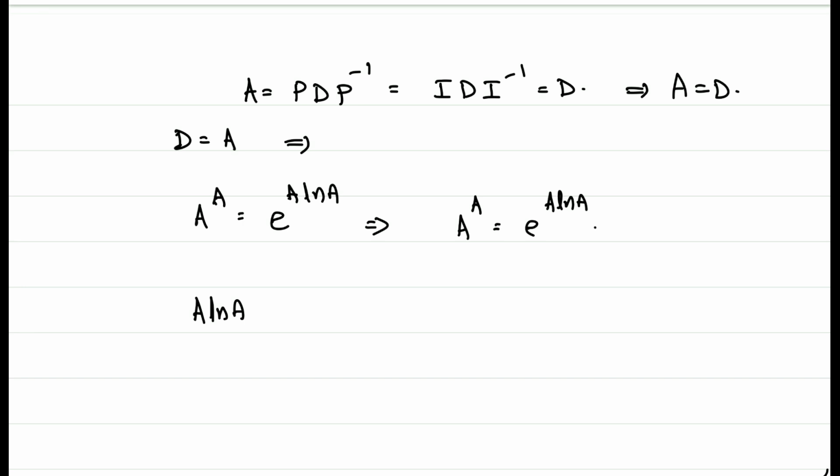Then we can say that A to the power of A is equal to so and so. Then what is the value of A ln A? This is the challenge. A ln A is to be found under the above conditions for which P inverse and D are found out, and it is found that A is diagonalizable.